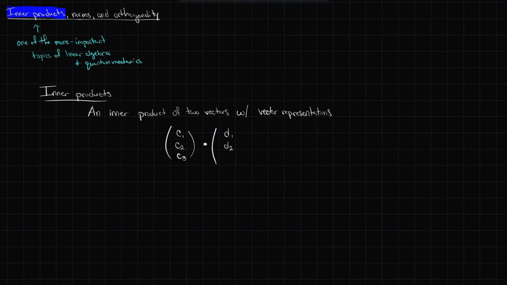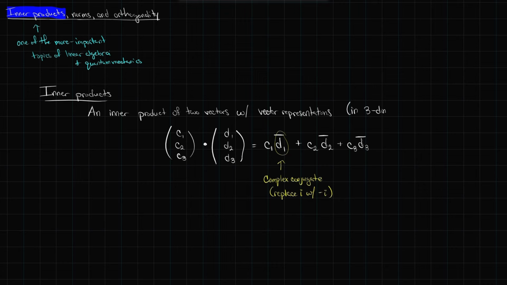D1, D2, D3 is equal to C1, D1 conjugate. So this is that complex conjugate coming back. And if you don't remember what that is, you replace i with negative i. So every time you see i, you replace it with negative i. Plus C2, D2 conjugate, plus C3, D3 conjugate. This would be in 3 dimensions.